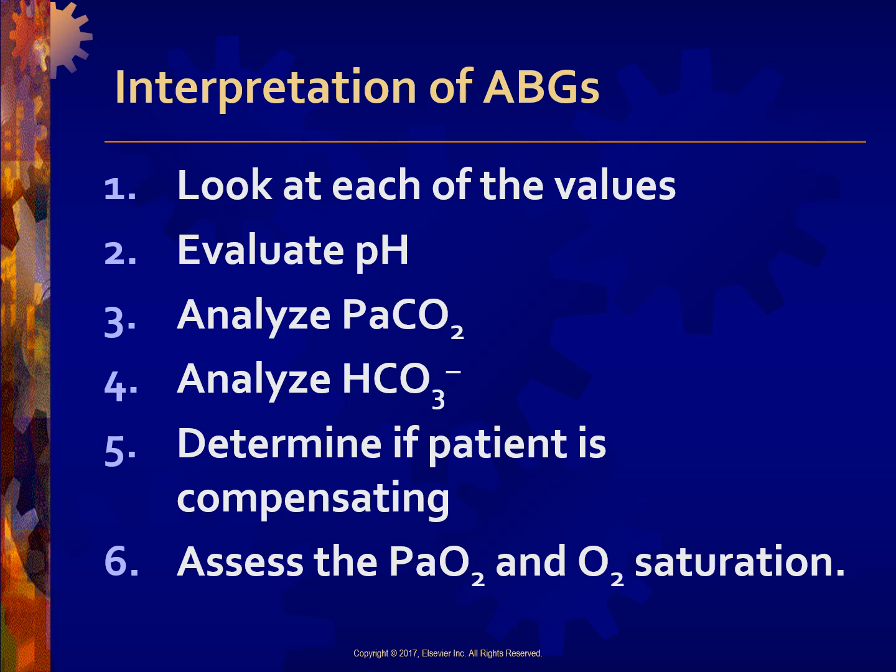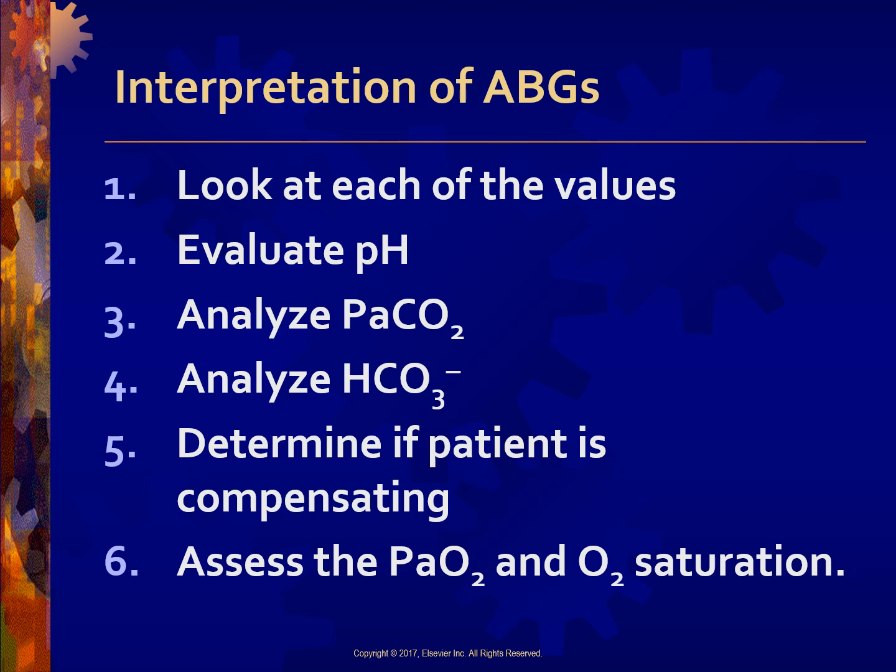So to determine whether they're compensating or a mixed disturbance is present, you have to look at both the CO2 and the bicarb component that is not the cause of the primary disturbance. If the component that does not match the pH is moving in the opposite direction, the body is attempting to compensate.